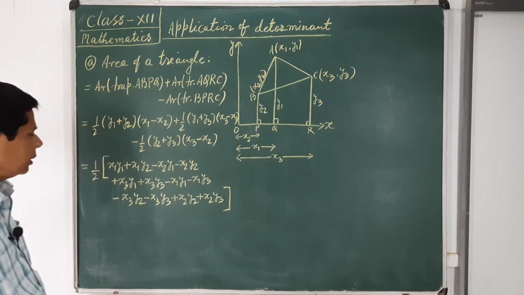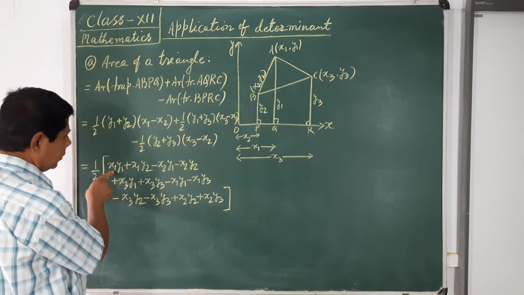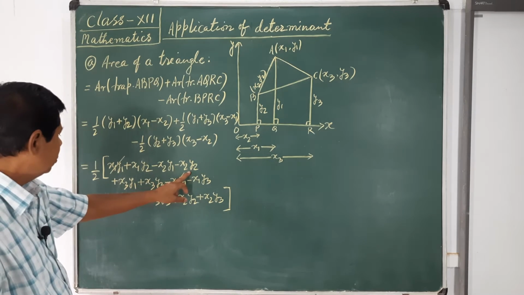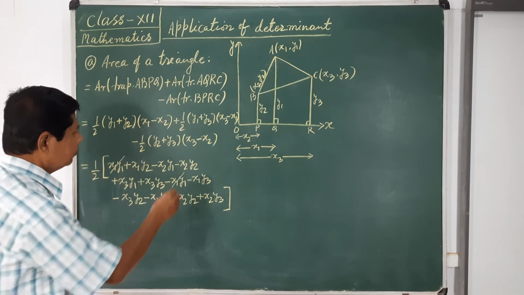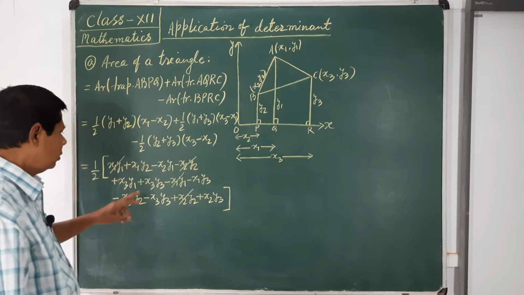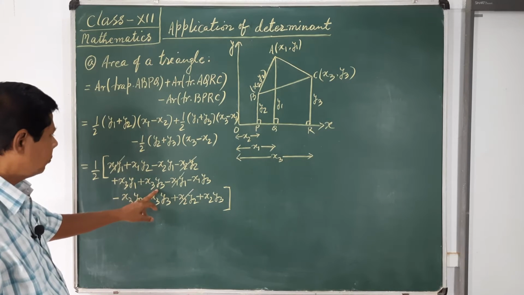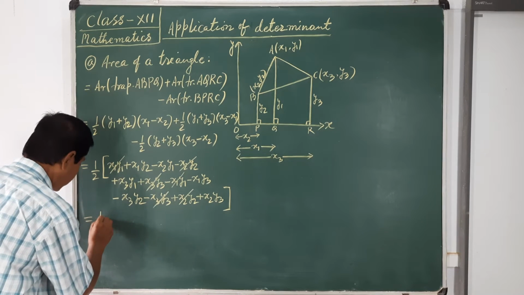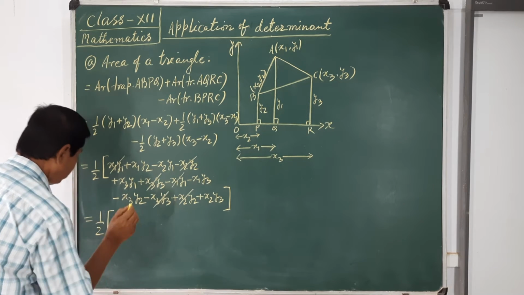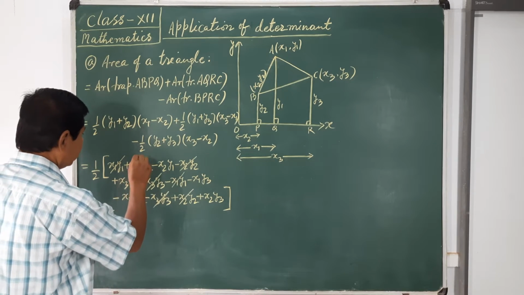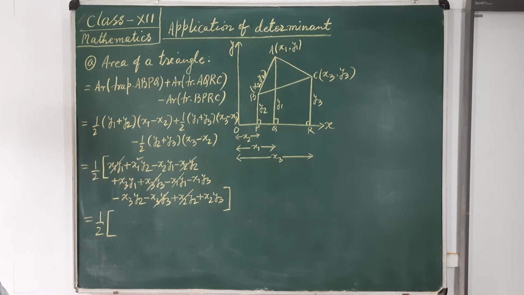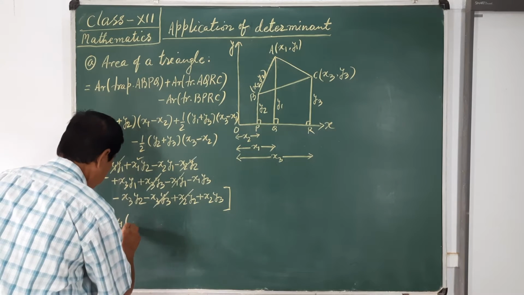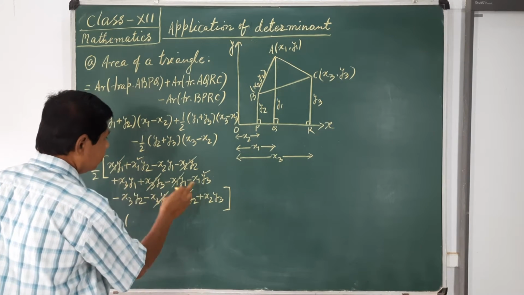Now see, some of the terms get cancelled: x1 y1 plus and x1 y1 minus, so these two are cancelled. Then x2 y2 negative and x2 y2 positive, and x3 y3 positive and x3 y3 negative also get cancelled. That is equal to half. Now take x1 common in x1 y2 and x1 y3: x1 into y2 minus y3.